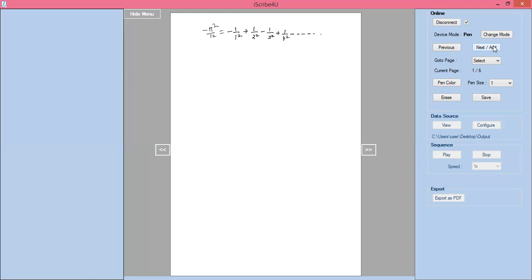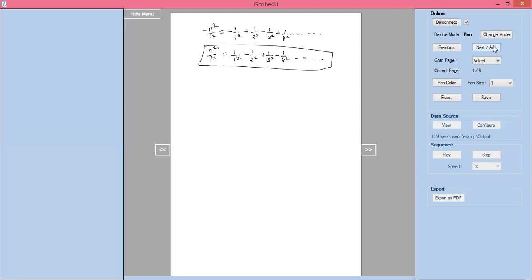Now, take common that minus and simplify, means pi square by 12 equal to 1 by 1 square minus 1 by 2 square plus 1 by 3 square minus 1 by 4 square and so on, which is the required solution for the given equation.